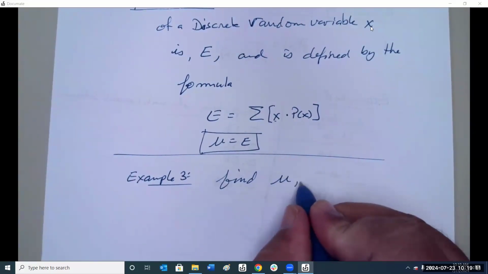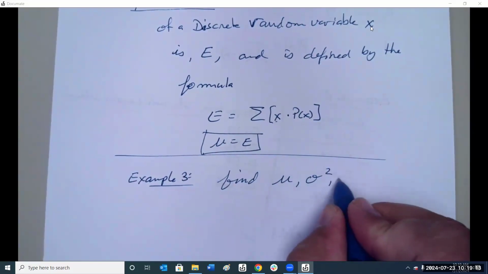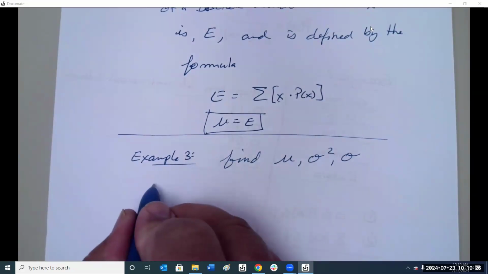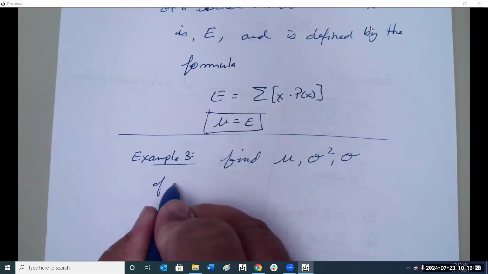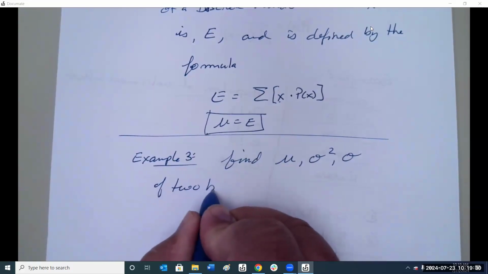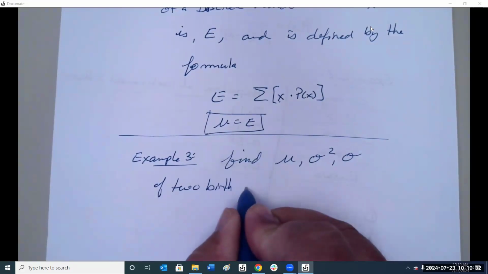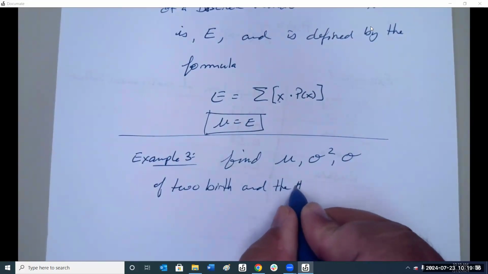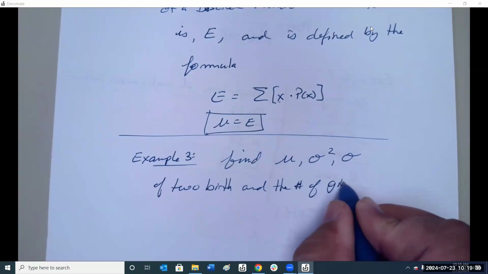Find the mean, variance, and deviation for the example we had earlier, the 2 births and looking for females. Two births and the number of girls.